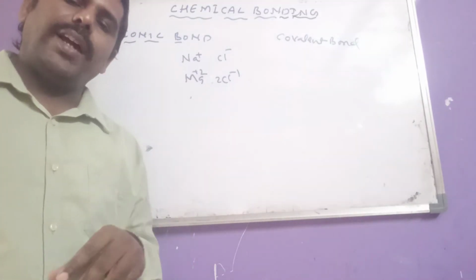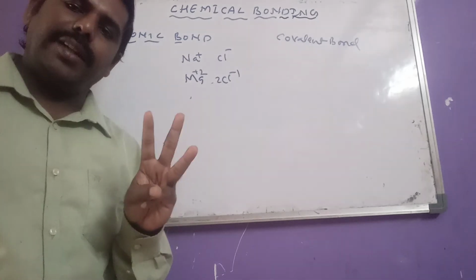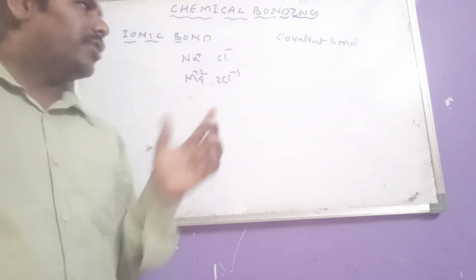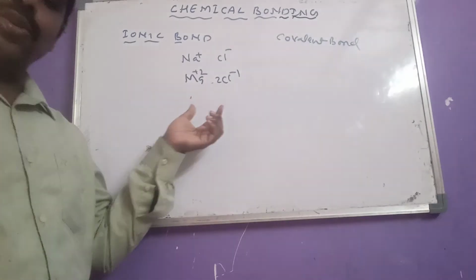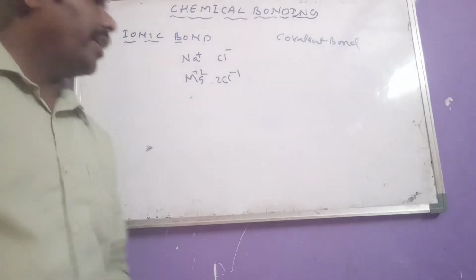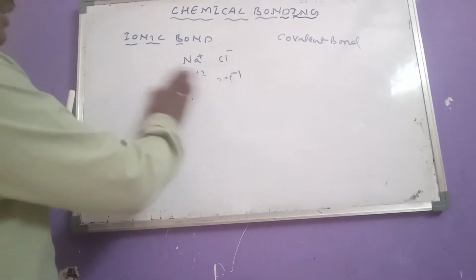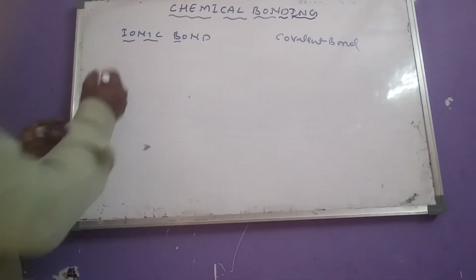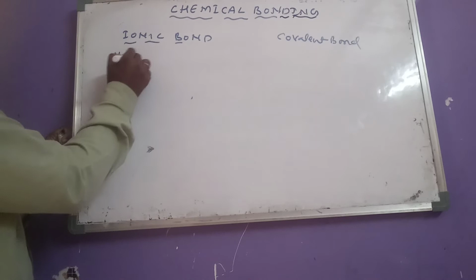So electrovalency of aluminium is 3 and chlorine electrovalency is 1. So this is regarding which one? Electrovalency.